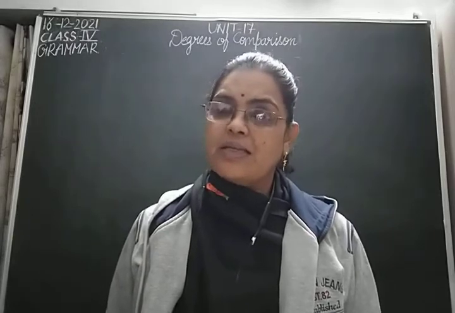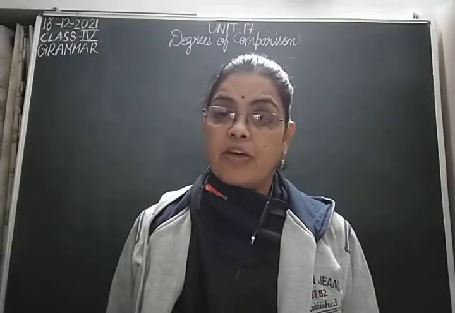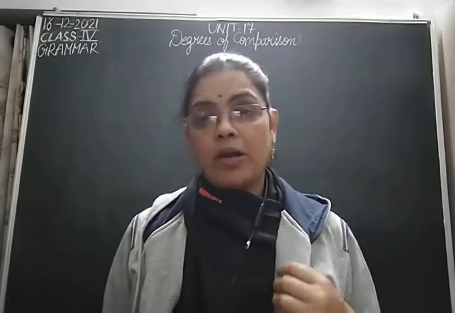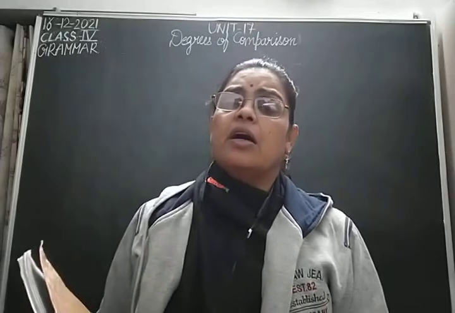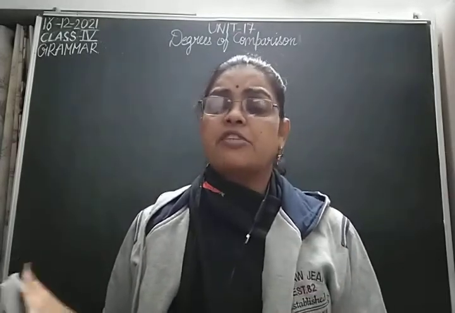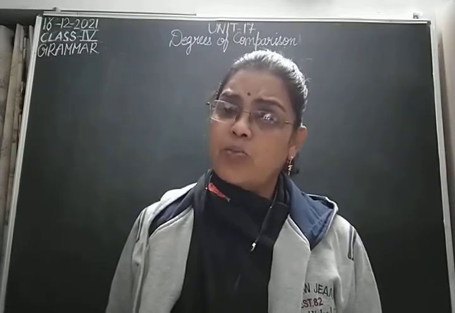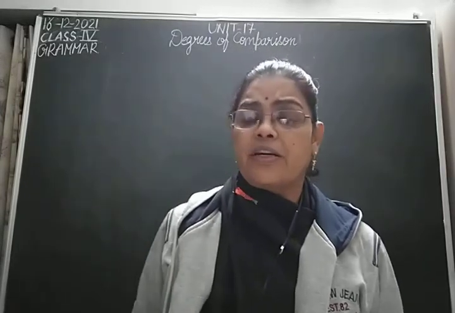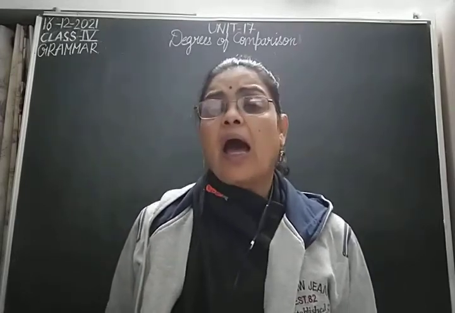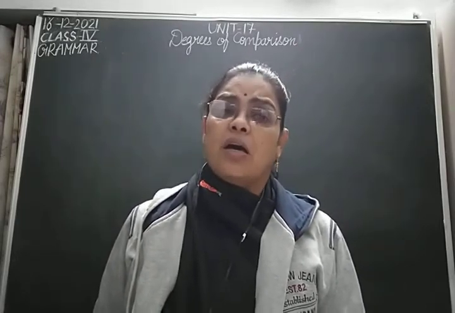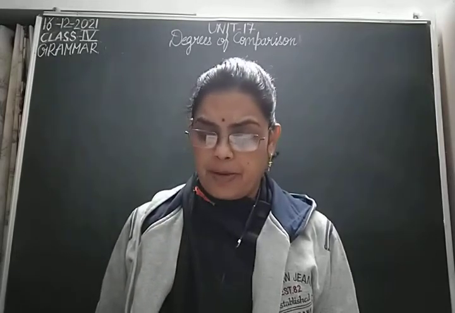The second is the comparative degree. We use it when we compare two persons or things, and generally the comparative degree is followed by the word than. The third is the superlative degree, and we use it when there's a comparison among more than two persons or things, and we use the word the before the superlative degree.